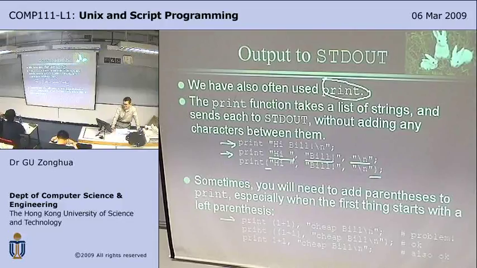If you say print (1 plus 1), comma, chief bill, it thinks you're printing 1 plus 1, and then it doesn't know what to do next. It thinks you're done after one print, and next you get a syntax error. But if you enclose the whole thing in parentheses, then it's okay.